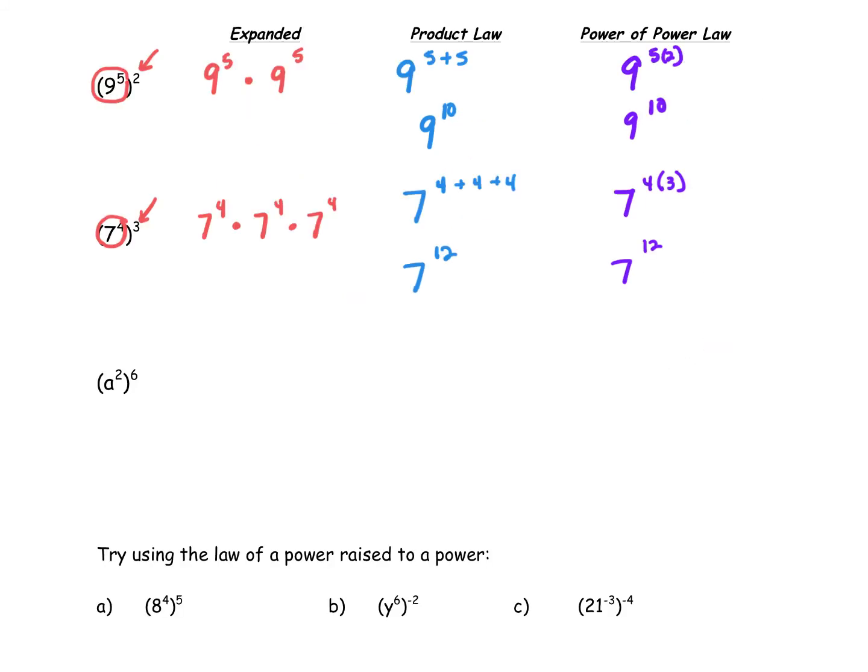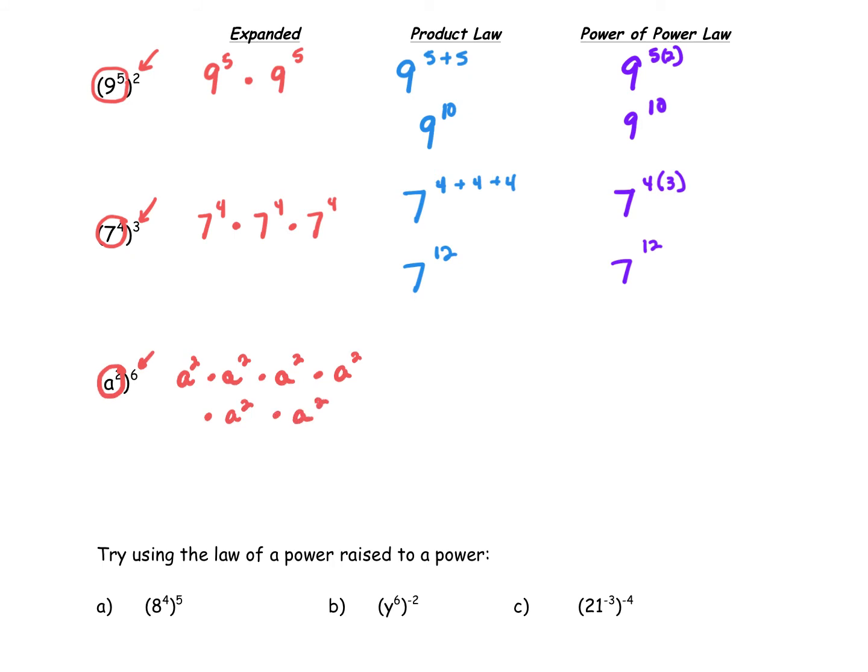Let's try this process one more time. The expression on the inside is a to the 2nd power, a squared. And I'm going to show this 6 times. So a to the 2nd power times a to the 2nd power times a to the 2nd power, a to the 2nd power. I'm going to have to go down to the next line, times a to the 2nd power times a to the 2nd power.